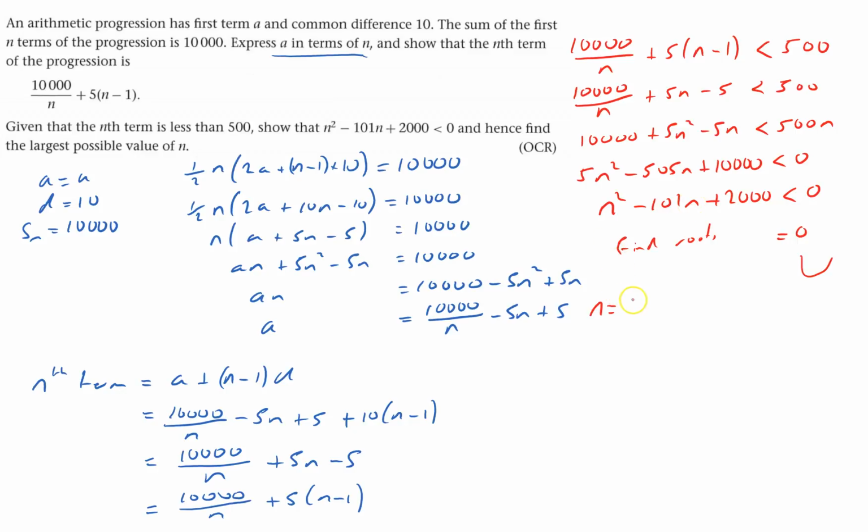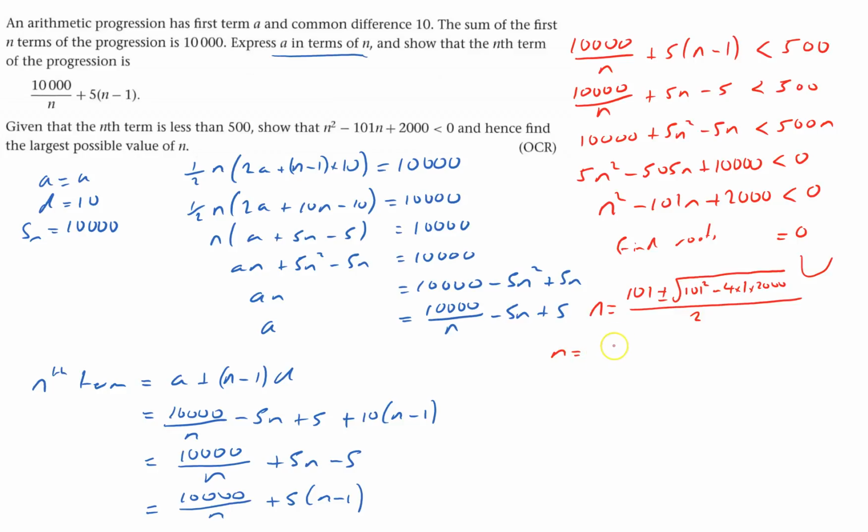So n equals minus b, which is 101, plus or minus the square root of b squared, 101 squared, minus 4 times a, which is 1, times c, which is 2000, all over 2a, which is 2.